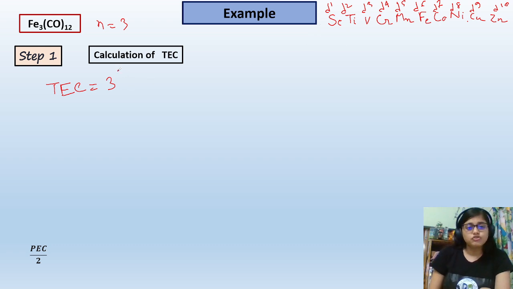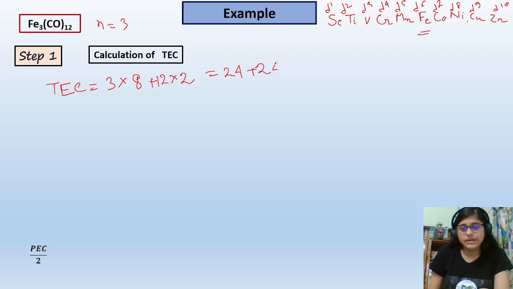So TEC: 3 into Fe means d6, right? But we will take the total electrons as d8, because the 4s2 electrons should also be counted, and 12 into 2, so that will be 24, plus 24 means 48. Fine.